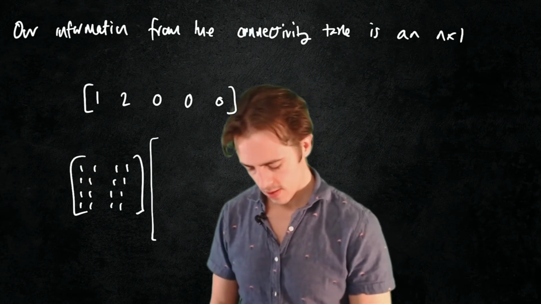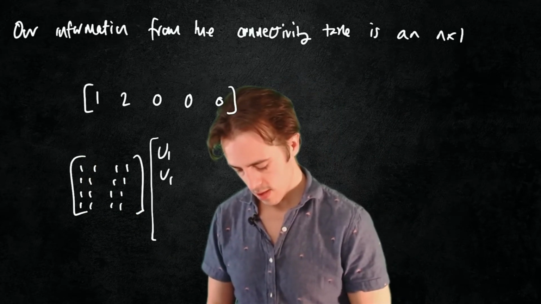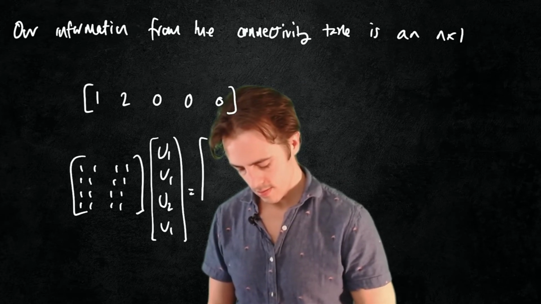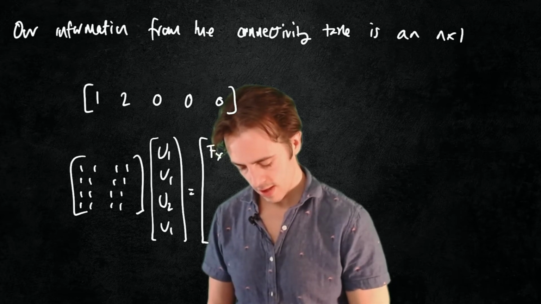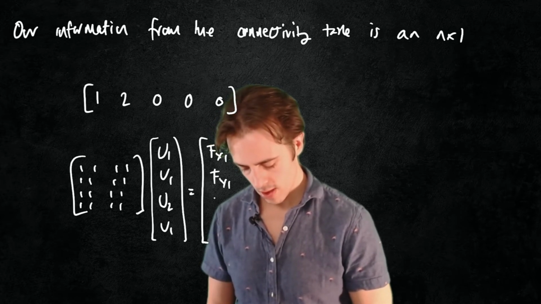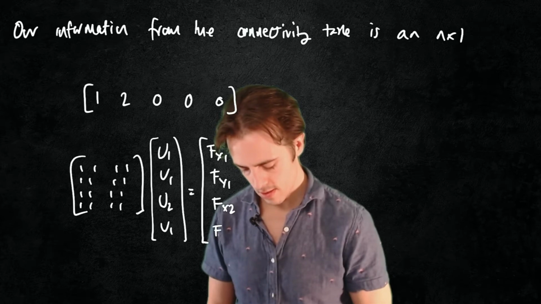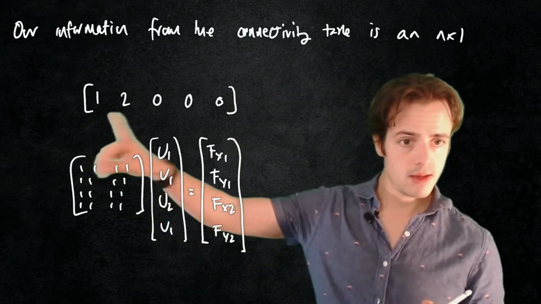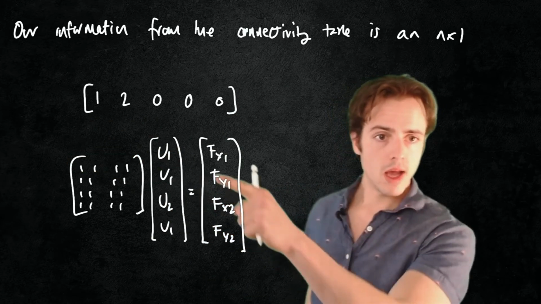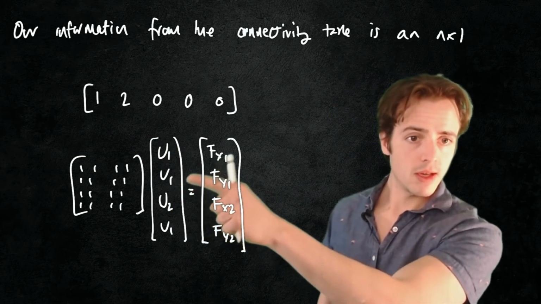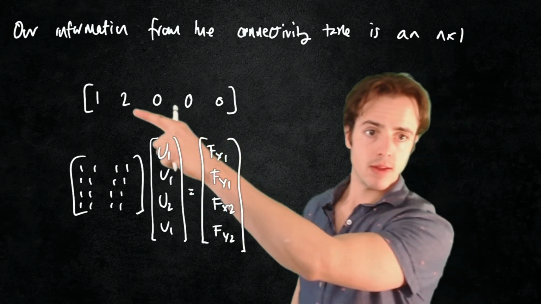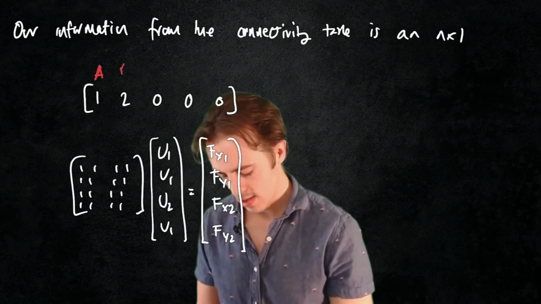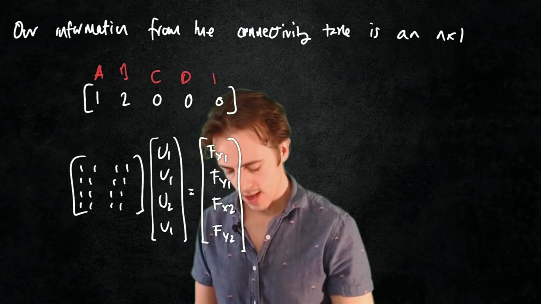But this corresponds to U1, V1, U2, V2, fx1, fy1, fx2, and fy2. So what this is telling me is that my 1 for this element is actually an A, and my 2 for this element is actually a B. We can just see this because I could write A, B, C, D, E along here.